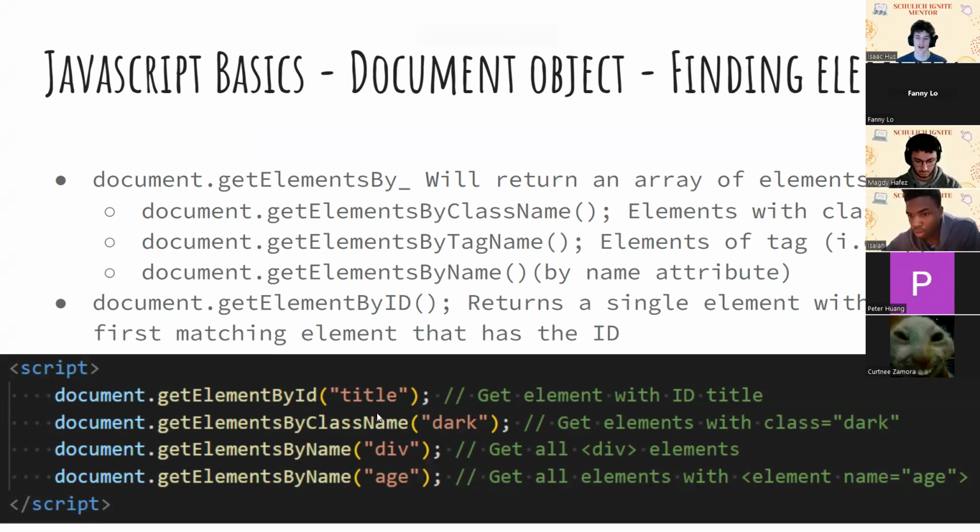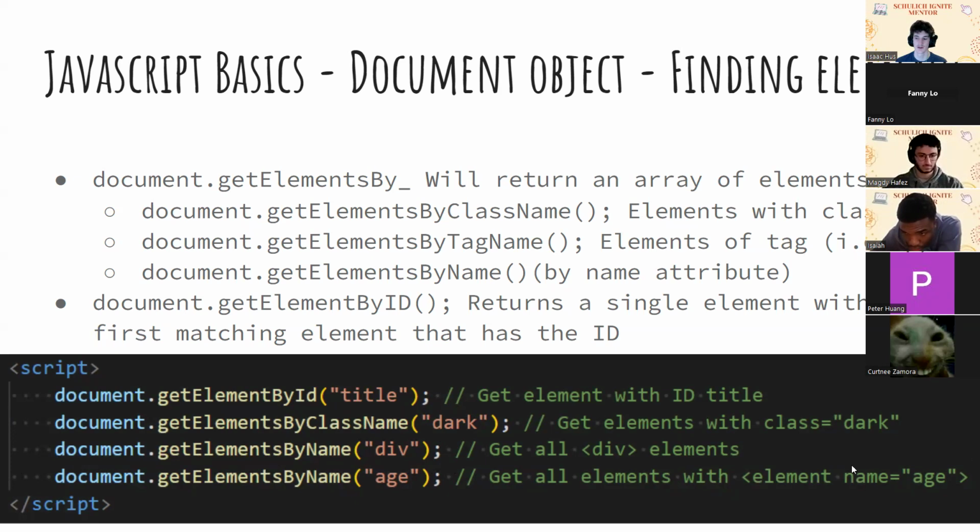We can also get them by class name. So if we do class equals, and we have all the buttons on the page be in the class of buttons, we can grab all those at once and then have access to them through this function call here. Get elements by tag name. So this is going to get all the div elements. We can get all the anchor tags, we can get all the P elements, whatever you guys want here. And then by name.